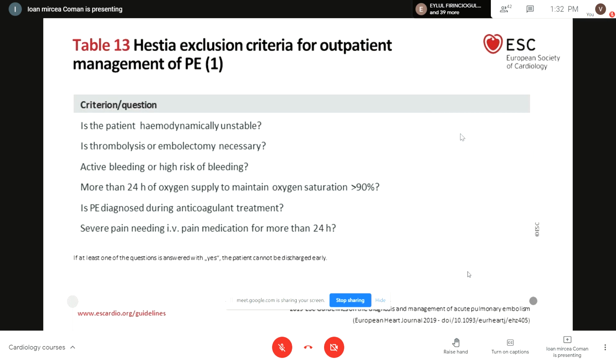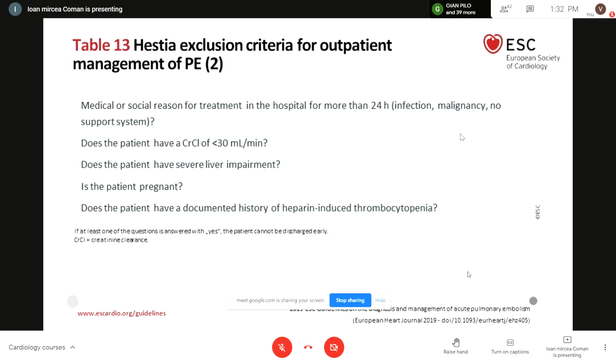So the presence of any of these criteria: hemodynamic instability, necessity for embolectomy, high risk of bleeding, desaturation, severe pain, medical or social reasons, low clearance of creatinine, so problems with kidneys, or severe liver problems, or pregnancy.